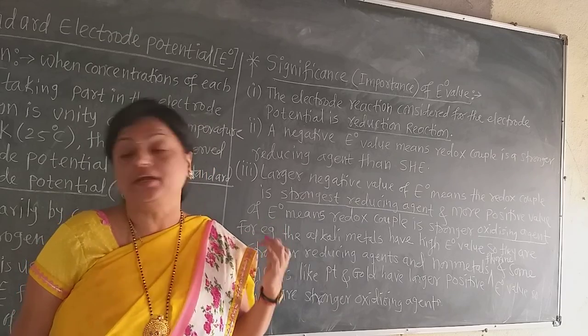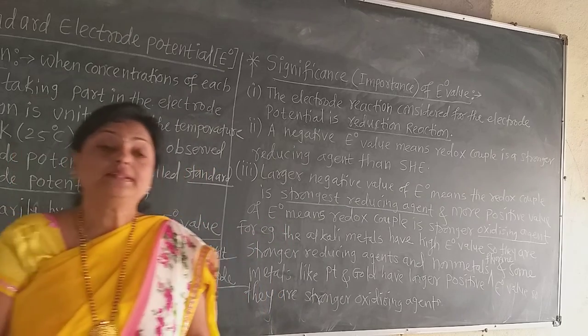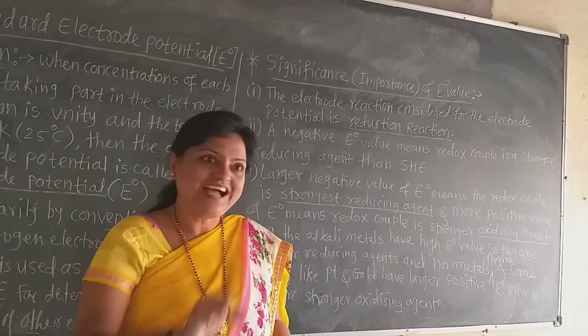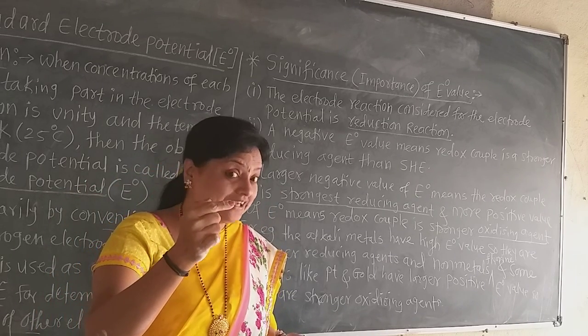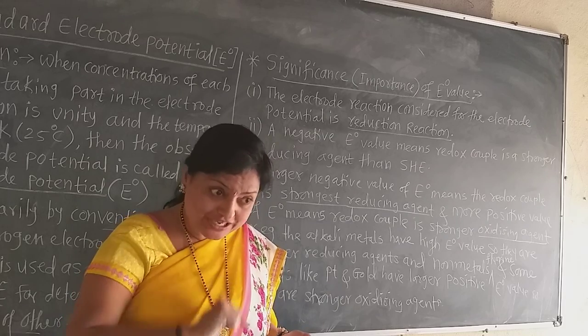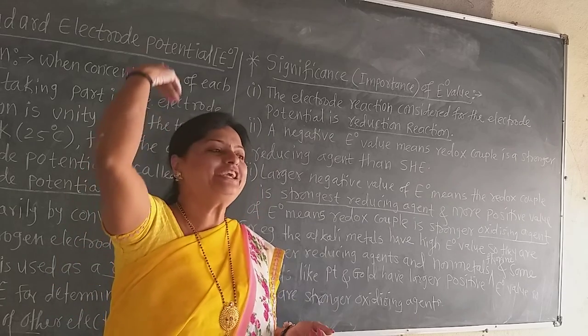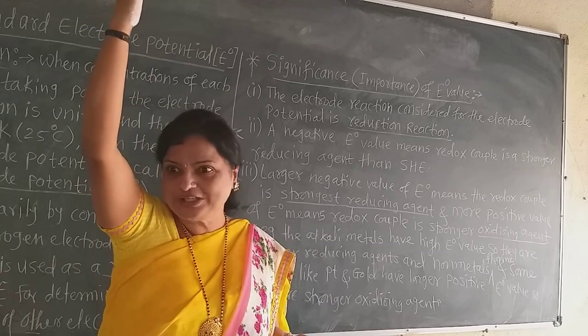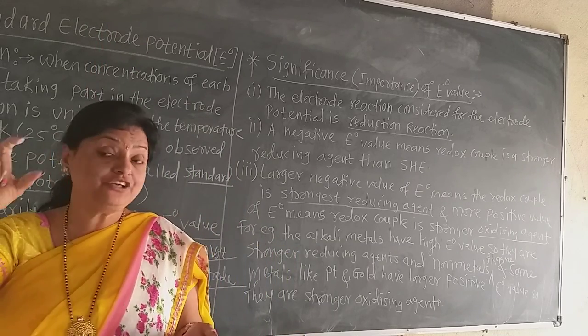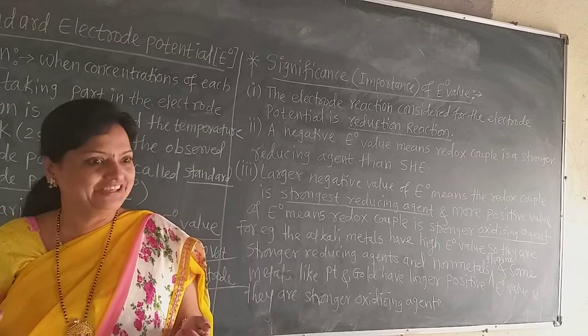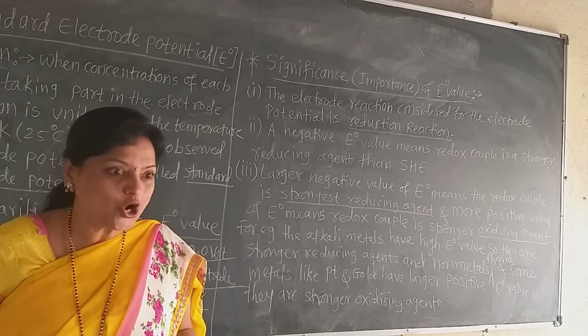These are very important. In the last lecture I told you that in the EMF series, hydrogen is at the center, the most reactive metal electrodes are below the hydrogen, and less reactive metal electrodes are above the hydrogen. EMF series means electromotive force series, in which the electrode potentials and electrode reactions are given.